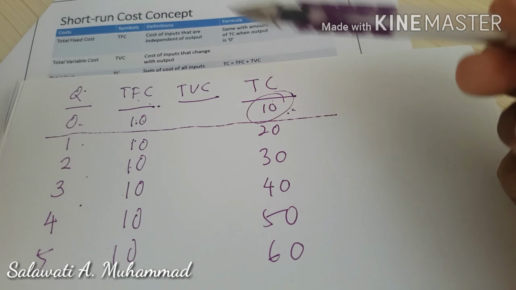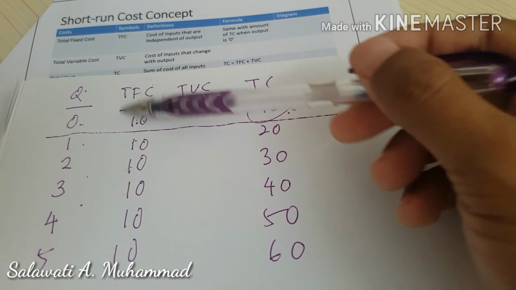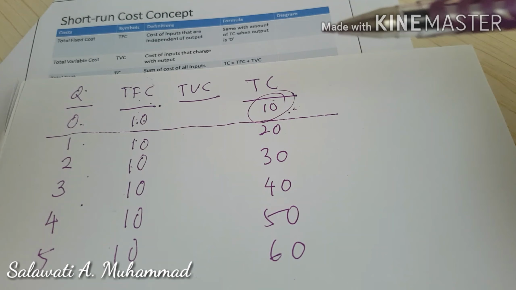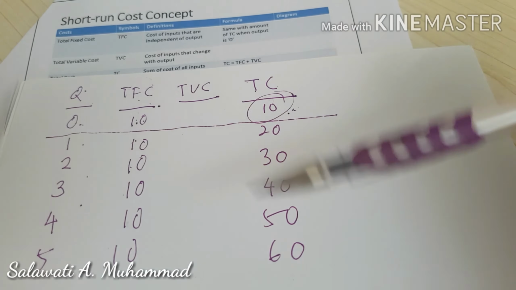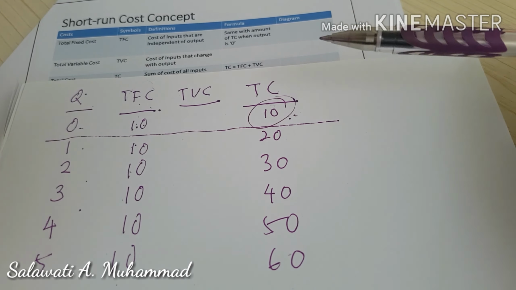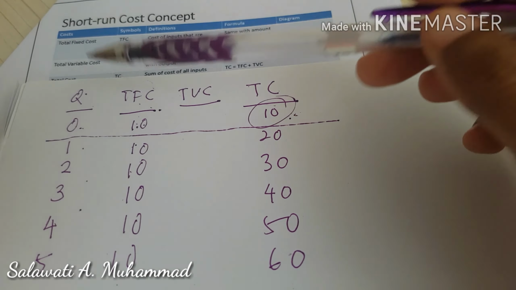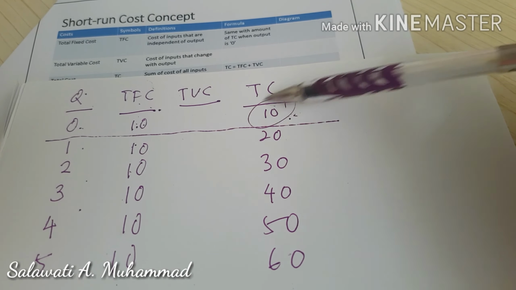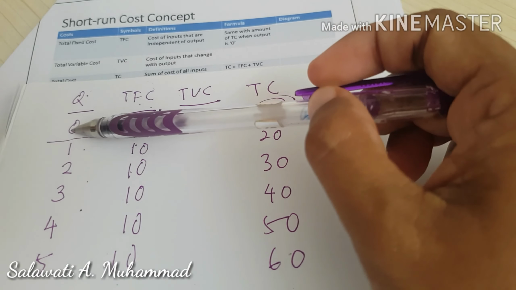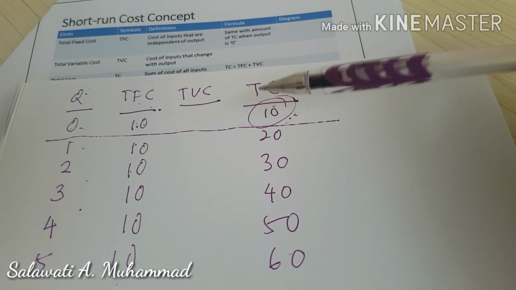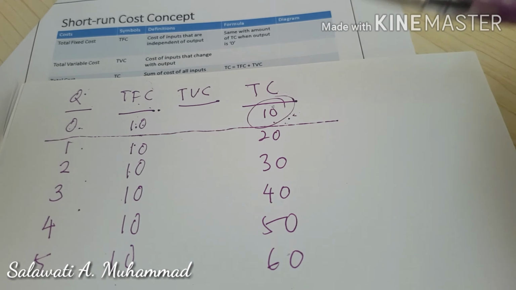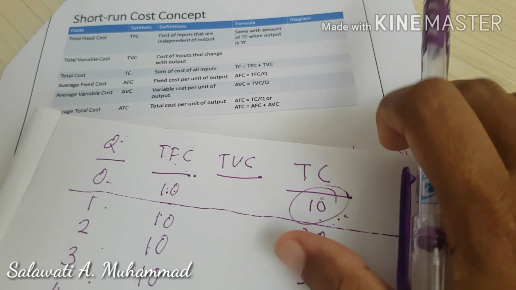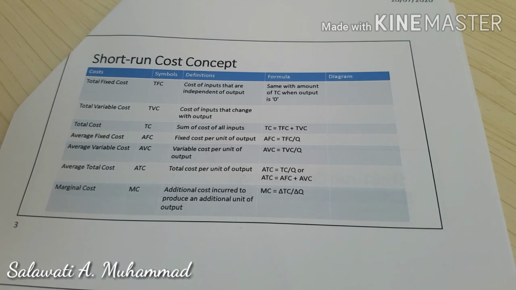Need to remember how to identify the amount of total fixed cost if you have been given a table like this one. The technique is to find out the amount of total cost when quantity is 0. So that is the amount for total fixed cost. Okay, that's for the first concept.